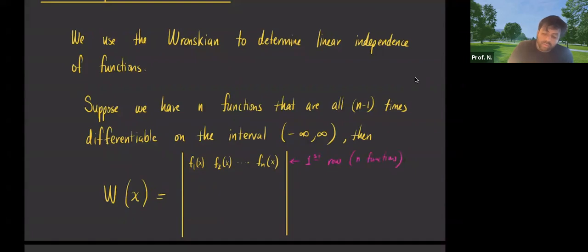The next row will be the derivatives of those functions. So first derivative: f1 prime of x, f2 prime of x, and fn prime of x. And we do this n minus 1 times. The third row would be the second derivatives, the fourth row would be the third derivatives, and the last row, the nth row, will be all of the n minus 1 derivatives.